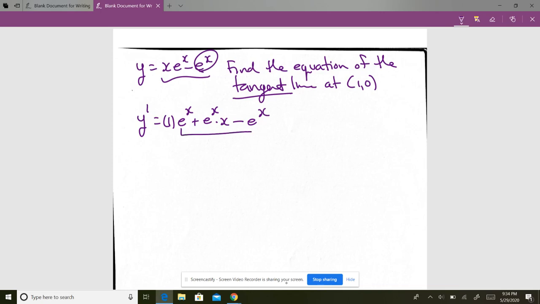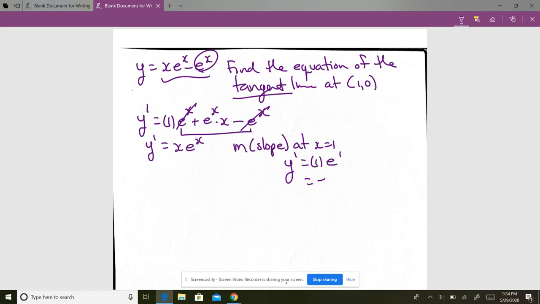We have e to the x minus e to the x, but those go away. The derivative is x e to the x. So my slope, m, at 1 is y prime evaluated at that number, so it's 1 times e to the 1, which is just e. That's my y prime value, which is my slope.